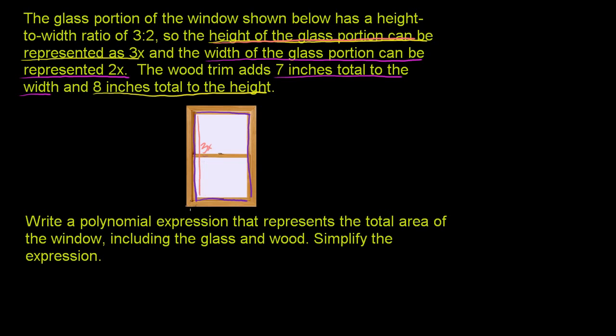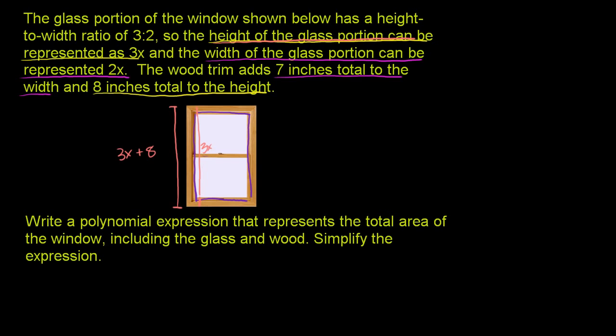So this whole distance, the glass portion plus the wood trim on either end, adds 8 inches to the glass portion. The glass portion is 3x, so we're going to add 8 to it. So this height right here is 3x plus 8.